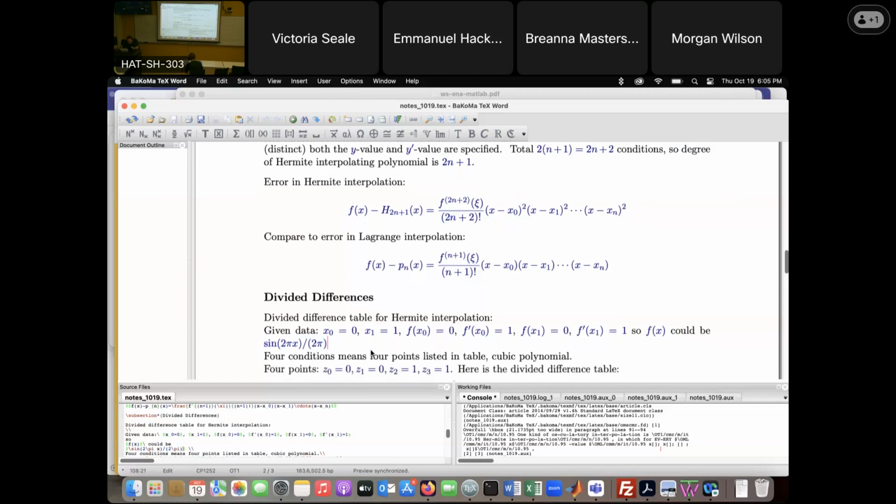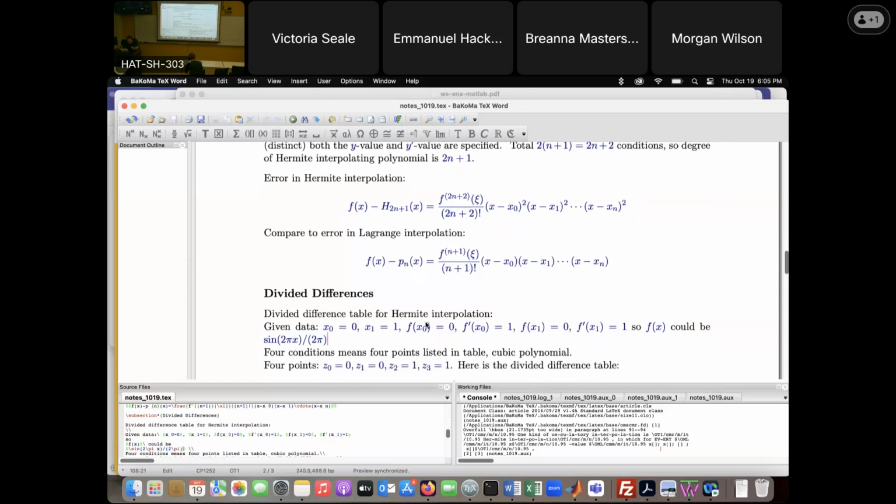Okay. So we have 4 conditions imposed, 2 at x0, 2 at x1. So we're going to have a cubic polynomial. We're going to have 4 x values listed in the table. Now, I've identified the interpolation points as x0 and x1, but for a table, I'm going to define 4 z values that are not distinct.